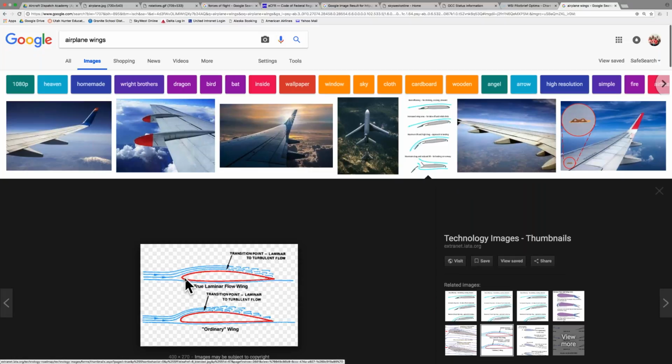It's a little beefier and thick at the leading edge and tapers out and then slims down almost to a really flat surface at the end, the trailing edge of the wing, so the back of the wing.